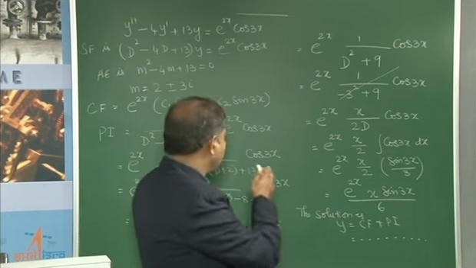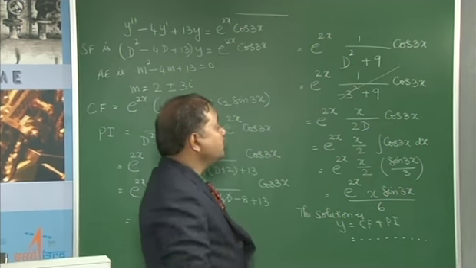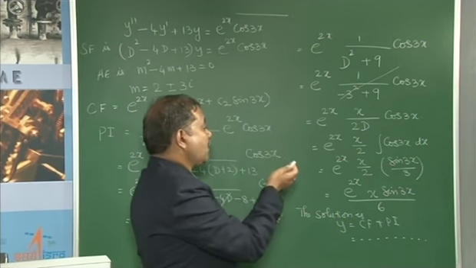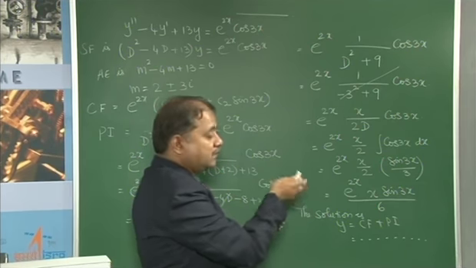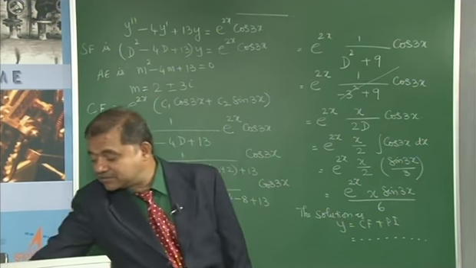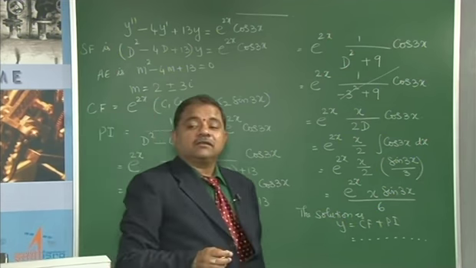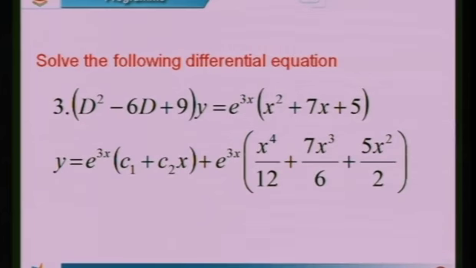Now here the denominator has become 0, already we know how to work in type 2: multiply by x, differentiate the denominator with respect to D, then 1 by D is integration, I got my solution. These 2 examples are for the problems where type 4 is converted to type 2. Now, the third example we will take up, which will be converted to type 3.